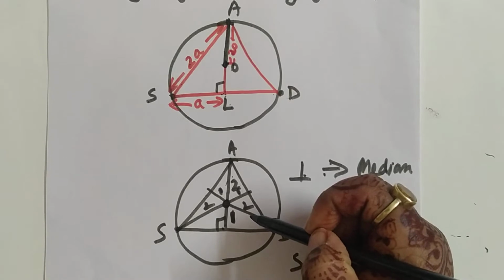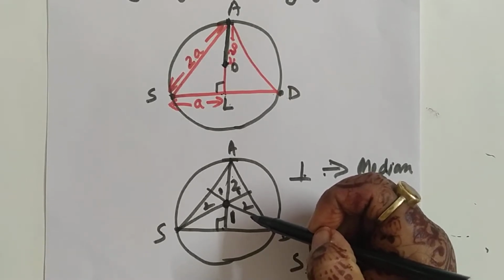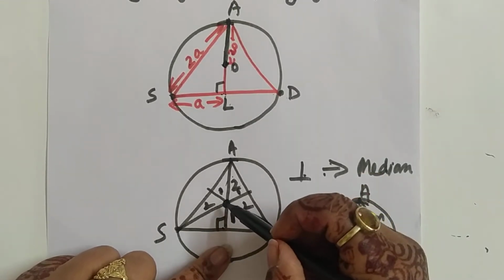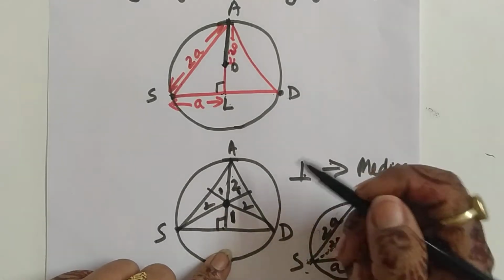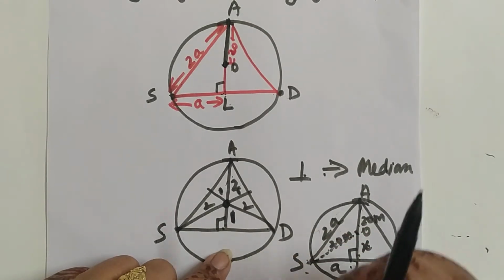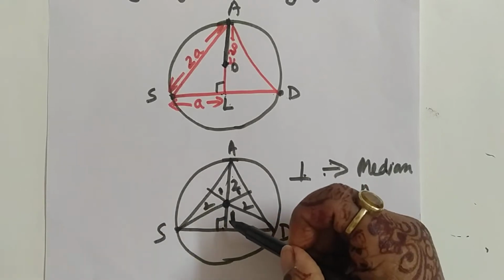This is a property of an equilateral triangle. Where the medians intersect, that will be the center of the circle, and the medians intersect each other in the 2:1 ratio. Yes, this is the main property.